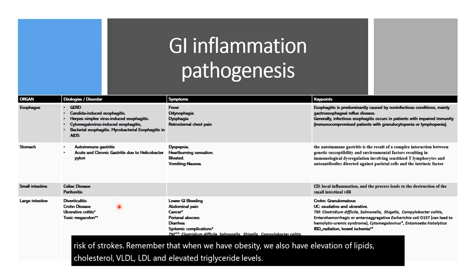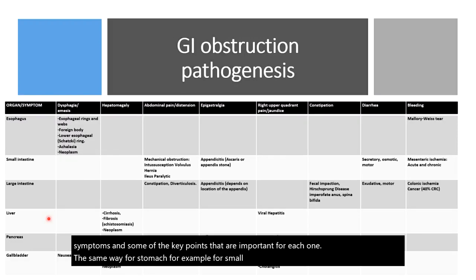Please review each one of these charts. Here I'm indicating, through each one of the organs, for example, esophagus, each one of the disorders, symptoms, and some of the key points that are important for each one. The same way for stomach, for small intestine and for large intestine.